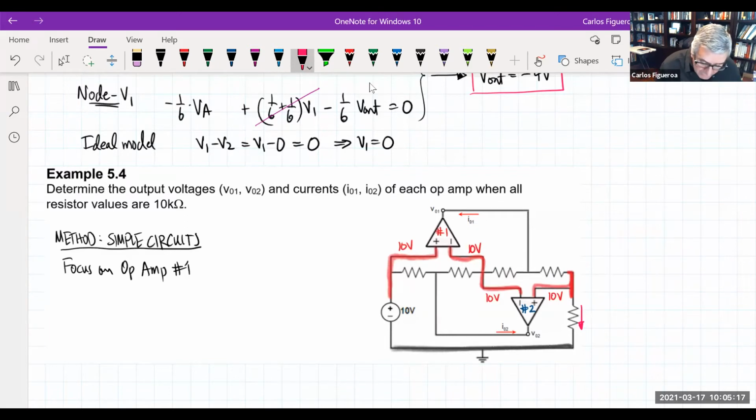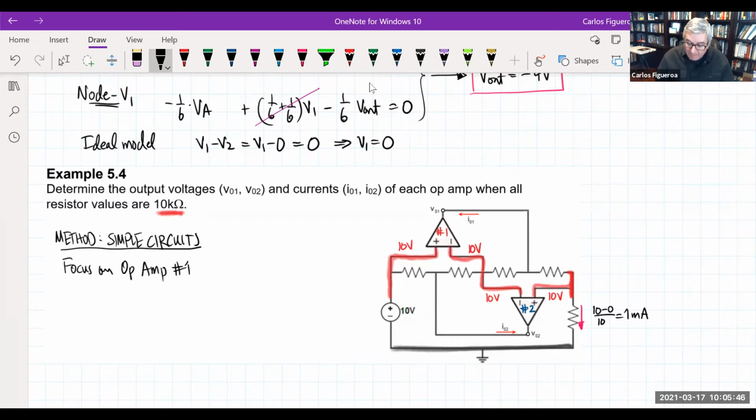So if all of these resistors are 10K, then I know what the current of that resistor is. Because I could immediately see that the current here should be 10 minus 0 divided by 10, which is of course 1 milliamp. So now I know what the current is.